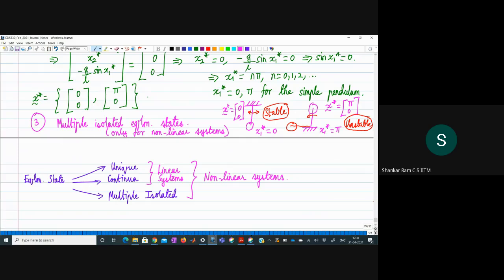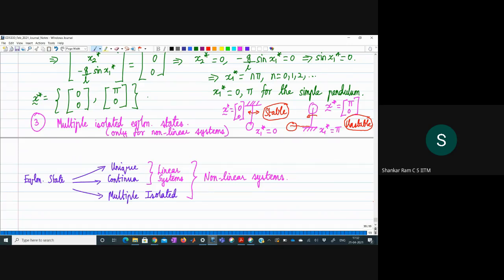All right. We are going to discuss the notion of stability of an equilibrium state in the next class, and then we'll see how we come up with criteria for evaluating the stability of an equilibrium state using the state space representation.